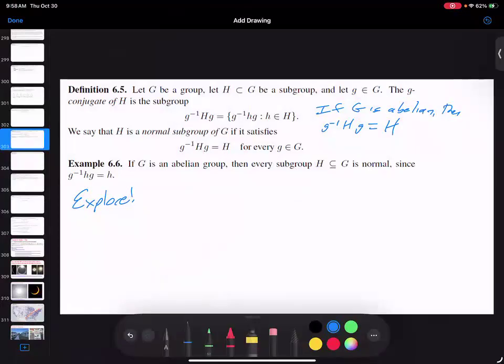If you looked at Z mod 12Z, you might have a lot of things to play with. Do you expect to find normal subgroups here? What do you think?